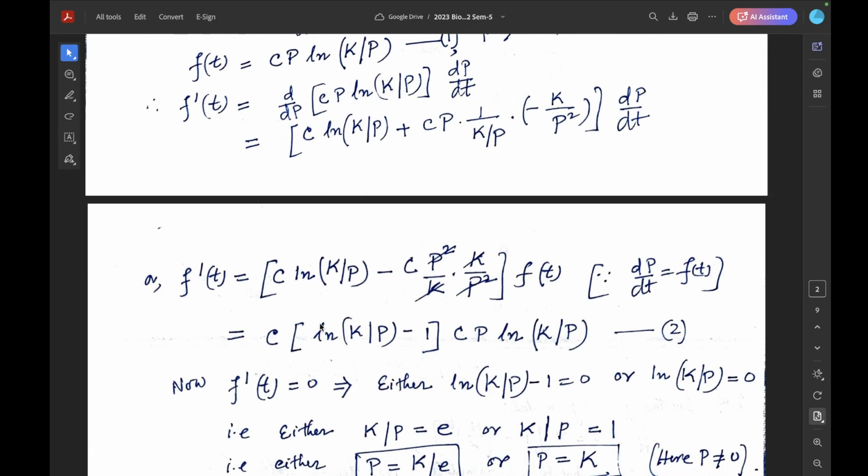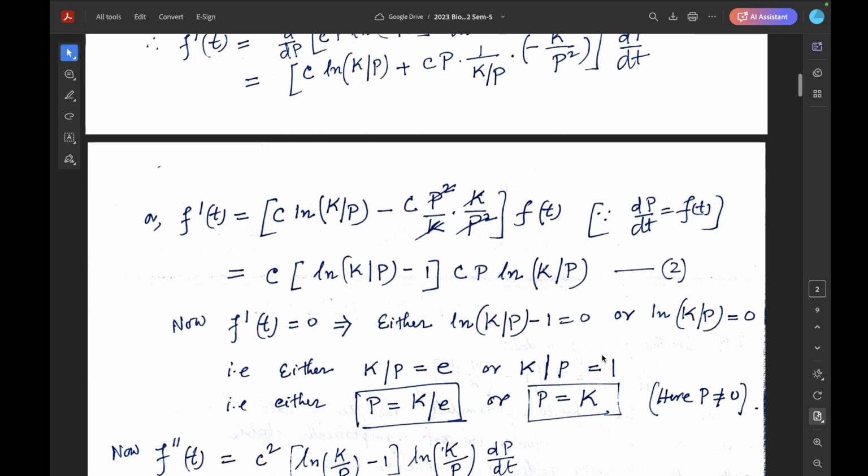So after simplification, f dash t equal to equation 2, c bracket ln k by p minus 1 c p ln k by p. Now f dash t equal to 0 implies either this factor ln k by p minus 1 equal to 0 or this ln k by p equal to 0.